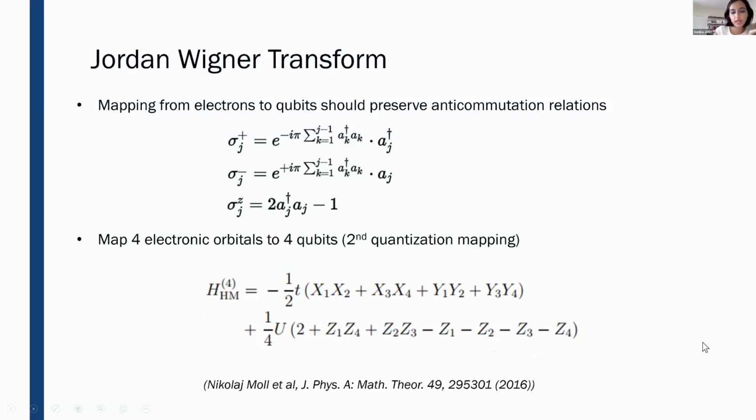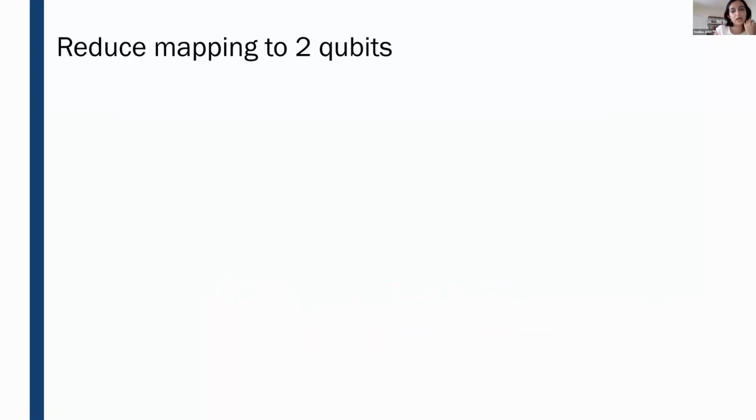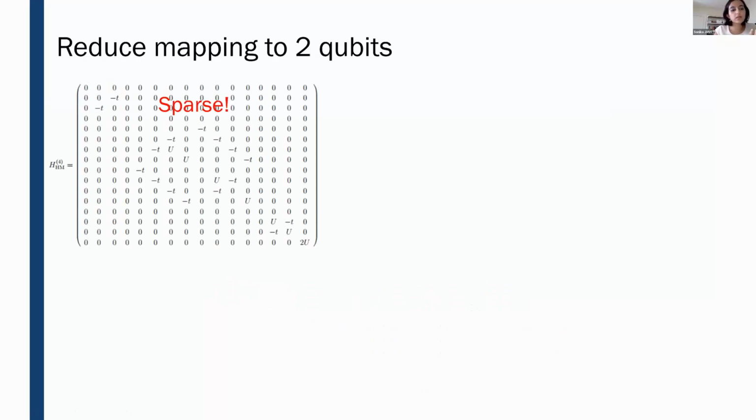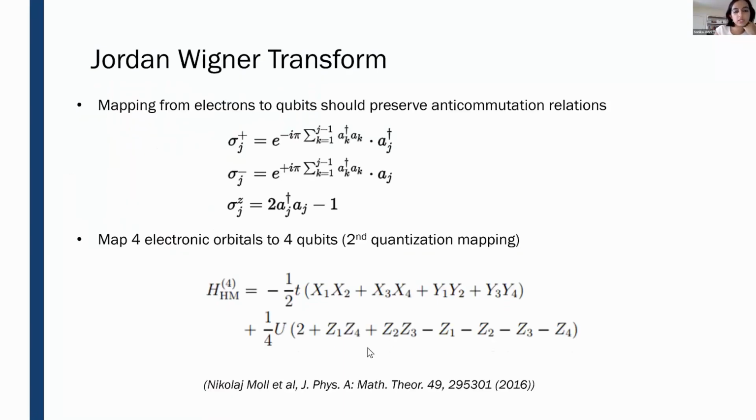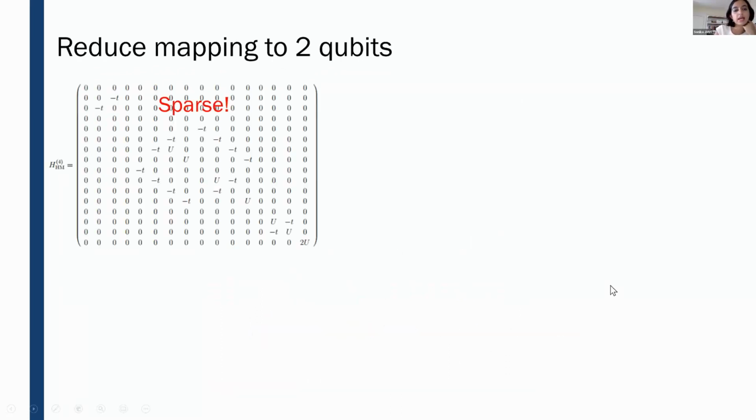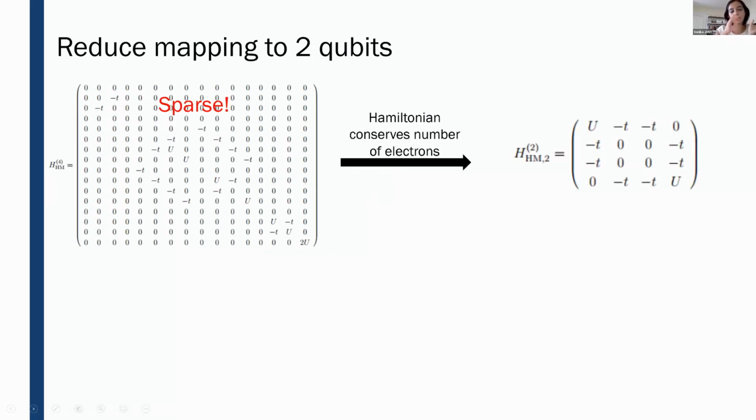And you get this Hamiltonian, right? Okay. So that's one way to do it, but let's try to be smarter about it. If you actually write down this 4-qubit Hamiltonian, it's extremely sparse, right? So maybe we can do something smarter.